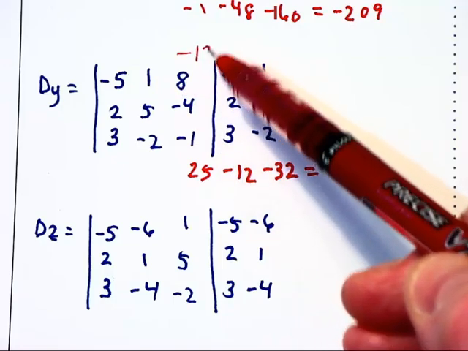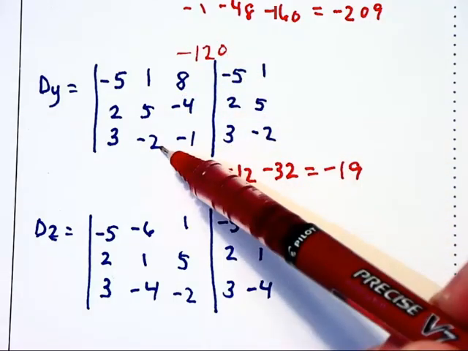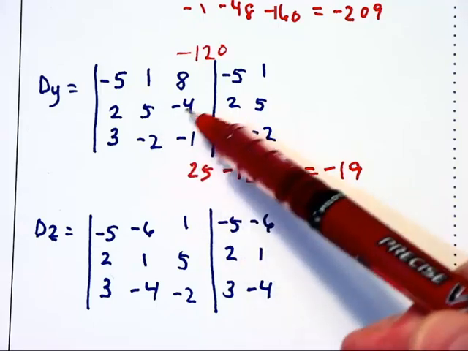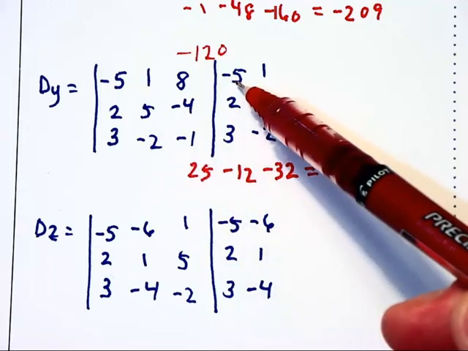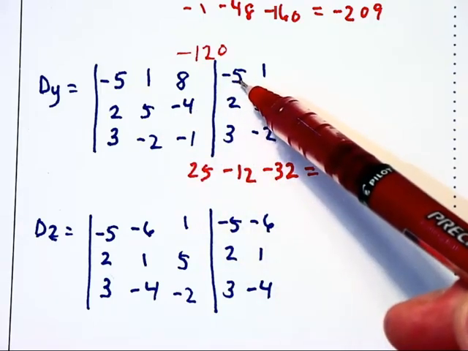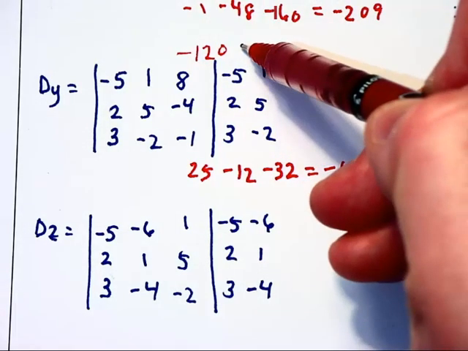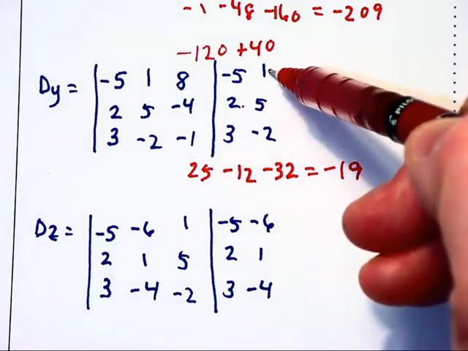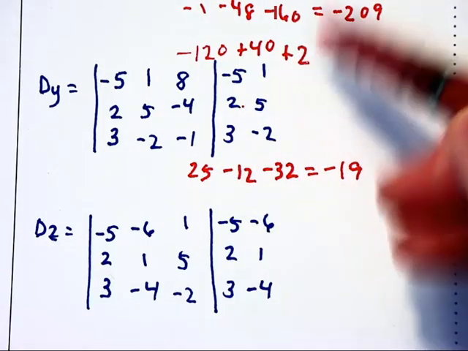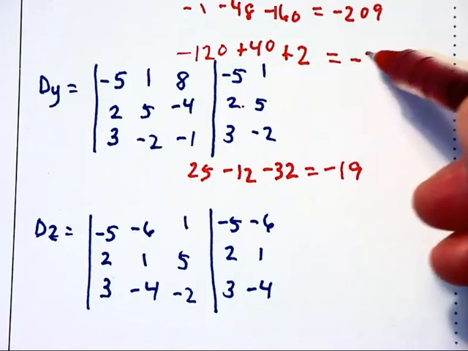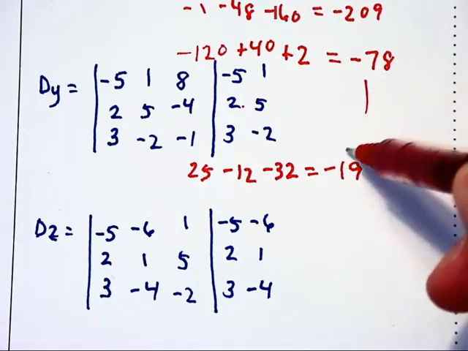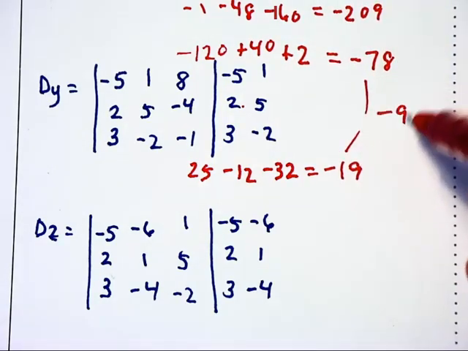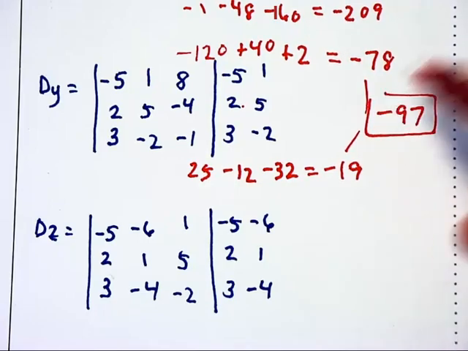Change that to a minus 120. Negative 2 times negative 4, that's 8, times negative 5 is negative 40. Change that to a positive 40. Negative 1 times 2 times 1 is negative 2. Change that to a positive 2. Add across to get negative 78. Add the top and the bottom together to get negative 97. These are some ugly numbers.